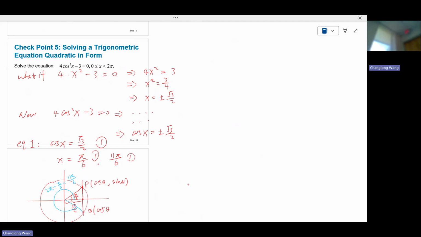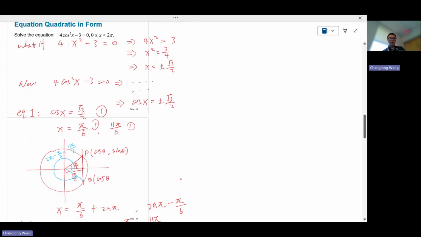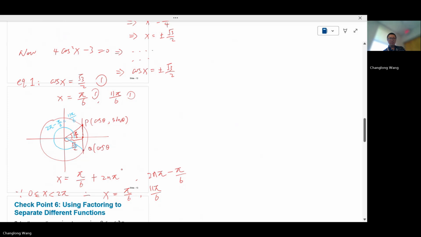And now you see that if I only award 5 points, I've given 3 points already. There are 2 points left, right? So 1 point I'll give to the general form, because I know that you're just adding 2n pi, right?